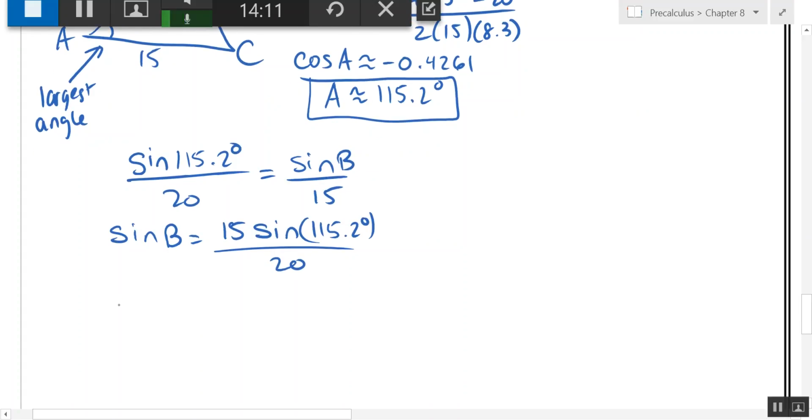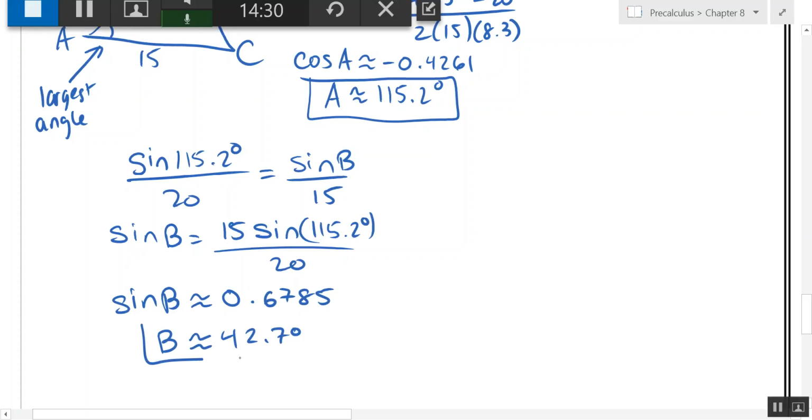Using a calculator, sine of B is approximately equal to 0.6785. And arc sine of both sides gives us B is approximately equal to 42.7 degrees. Notice we solved for two of the angles. We're just missing the third one.